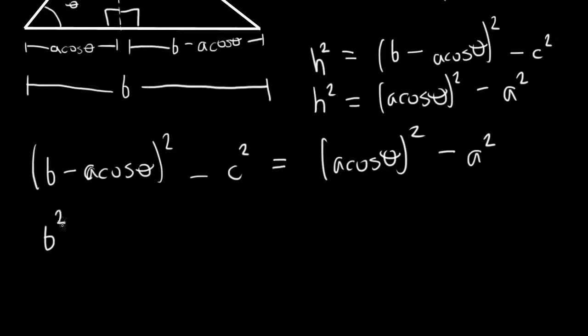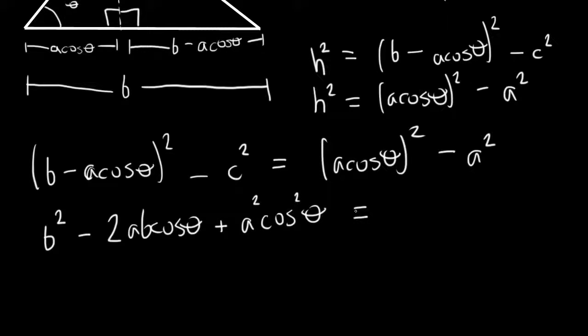This is going to be B squared, minus 2AB cosine theta, plus A squared cosine squared, minus C squared. On this side, we'll have A squared cosine squared minus A squared. Okay, so now we want to simplify a few things over here.